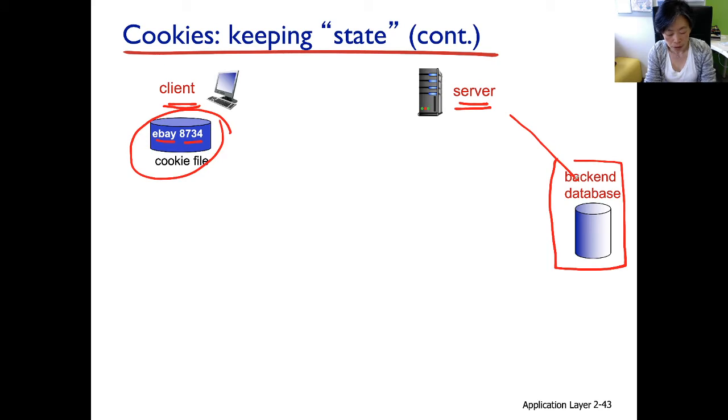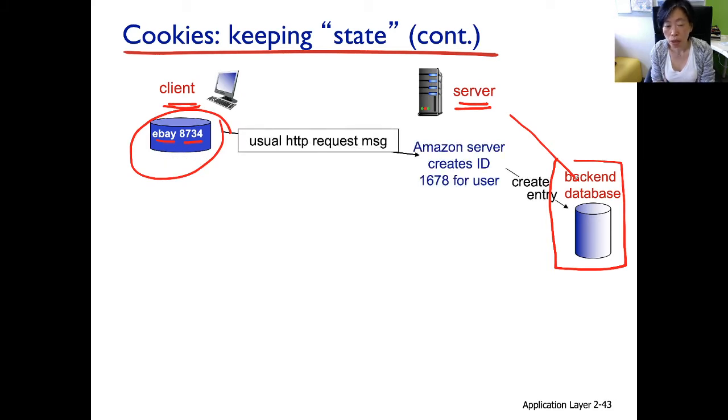But when you visit the website Amazon.com the first time, you send an HTTP request message. Of course, you have not yet been in Amazon before, so there's no entry for the Amazon website. So in your initial HTTP request message, there's not going to be any cookie special header lines. When Amazon.com receives the HTTP request, of course, it will try to grab the objects that you're looking for and generate the HTTP response with it.